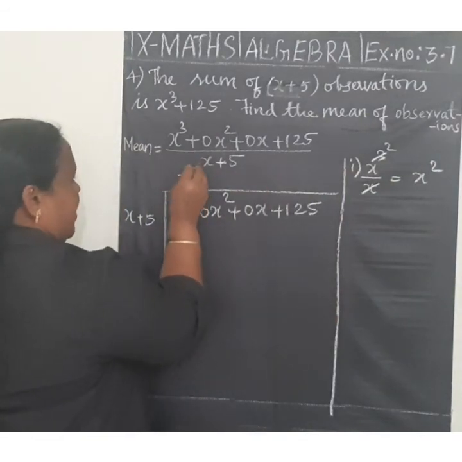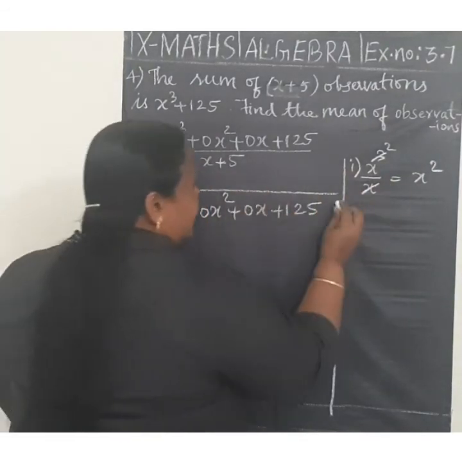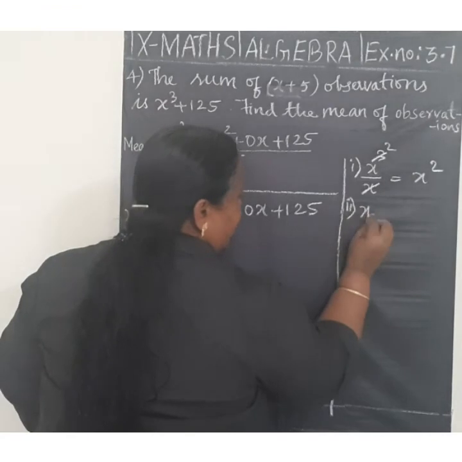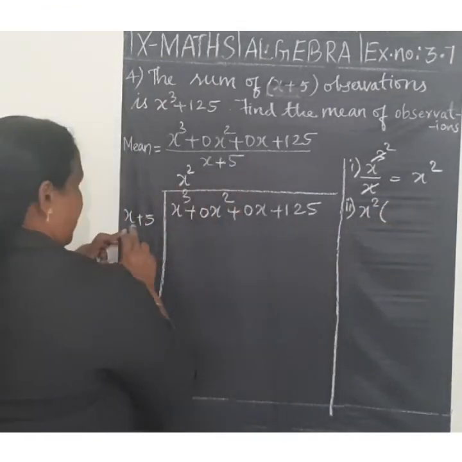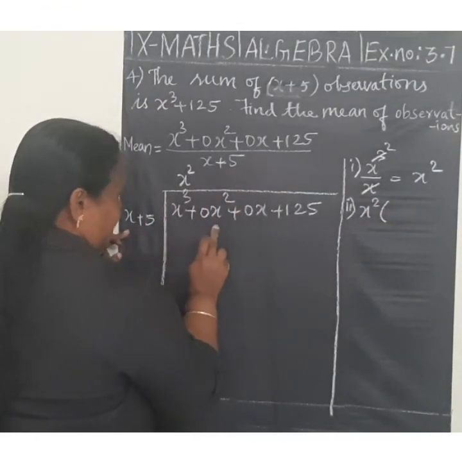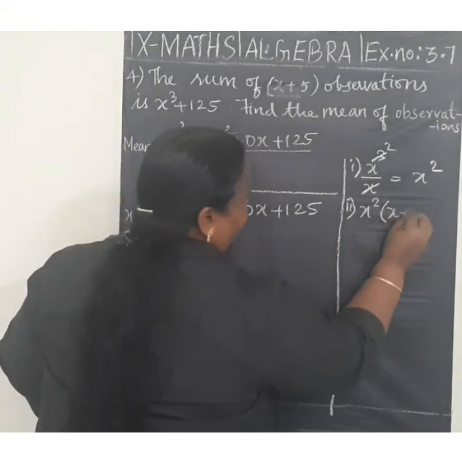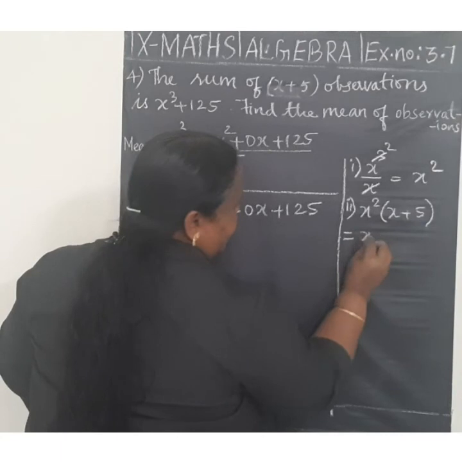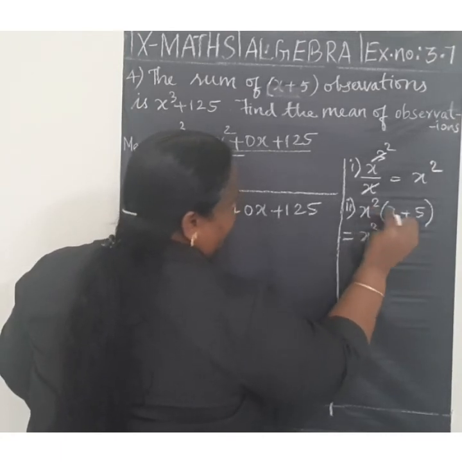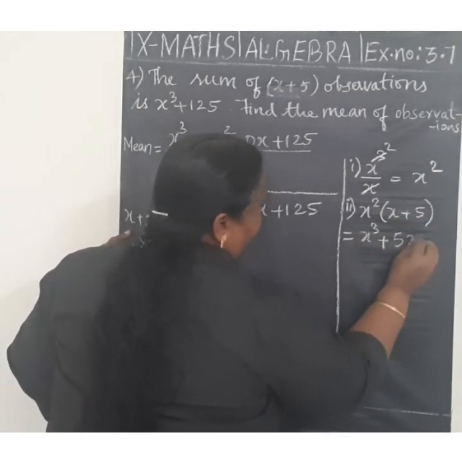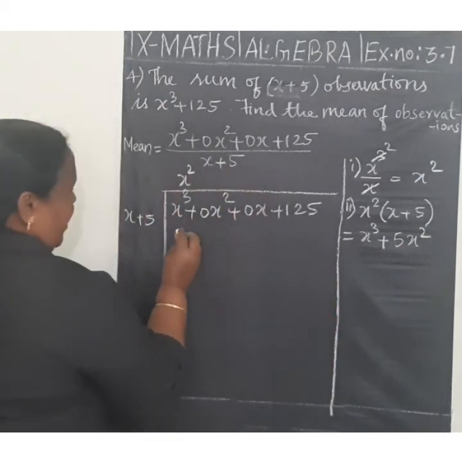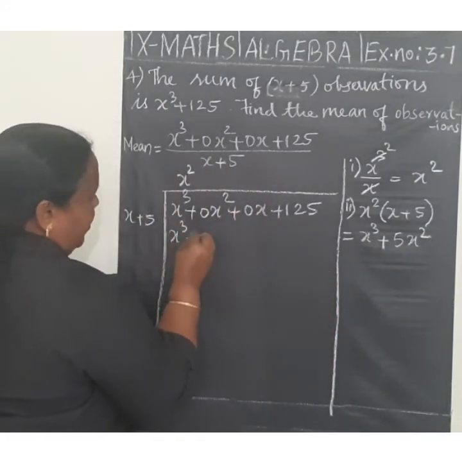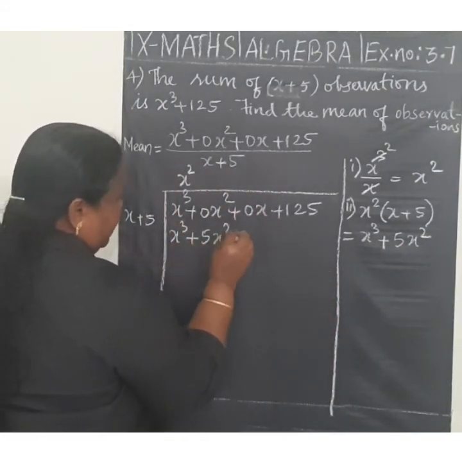First we write x square here. Then the second step is to multiply this x square by the divisor to get these terms. So x square into x plus 5 equals x square into x is x cube, plus x square into 5 is 5x square. So here x cube plus 5x square.